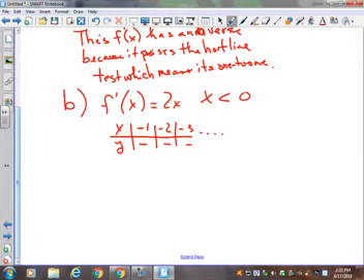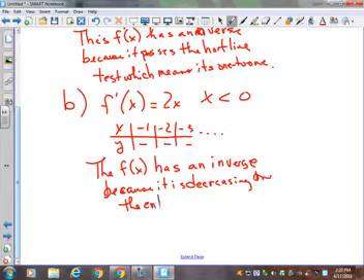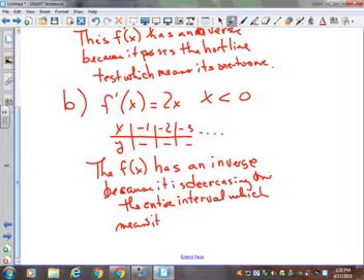So since they're all decreasing, okay, the function has an inverse because it is decreasing on the entire interval, which means it is monotonic.